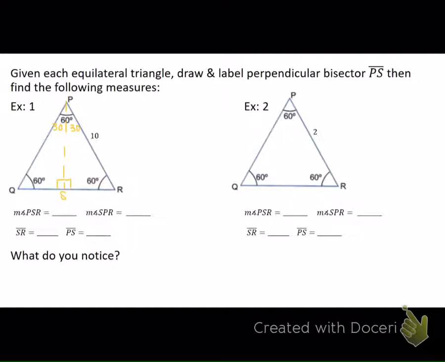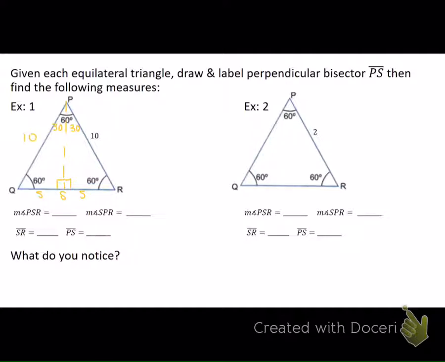If this is an equilateral triangle originally, and this side is 10, what do we know about this whole side? It's 10. So if this side is 10 and we just perpendicular bisected it, what do we know about each of these pieces? They are both 5.